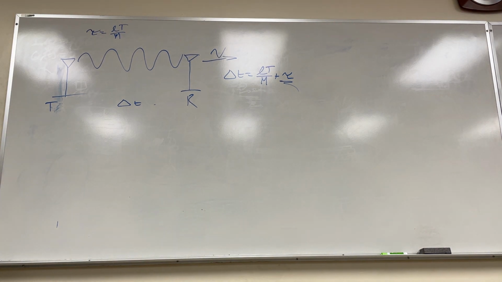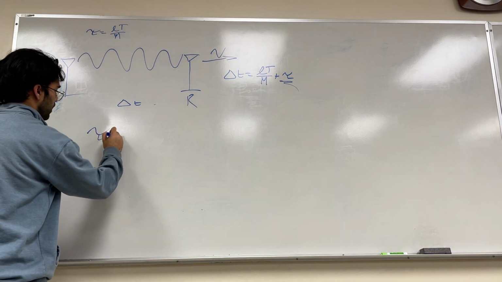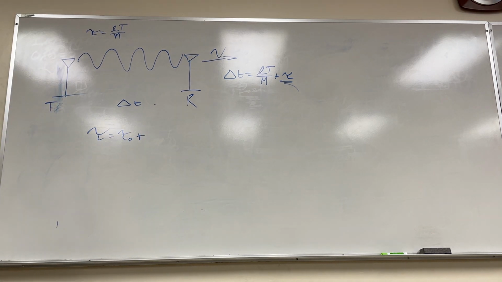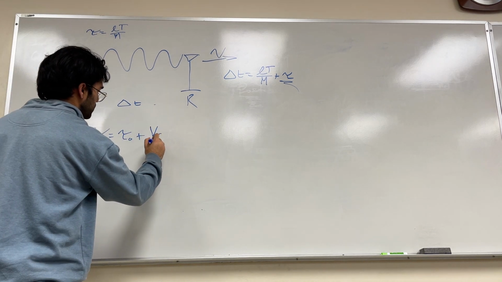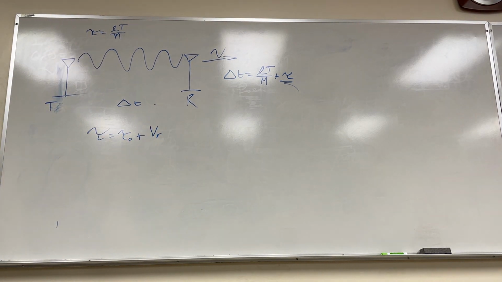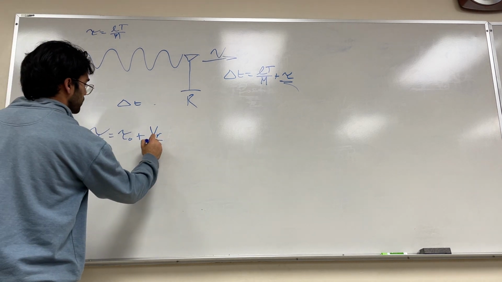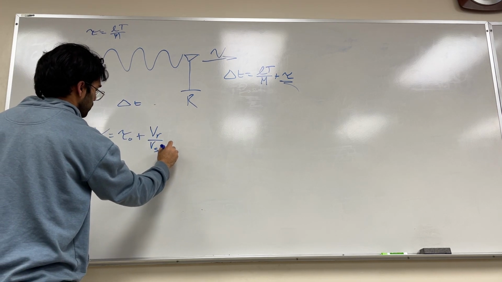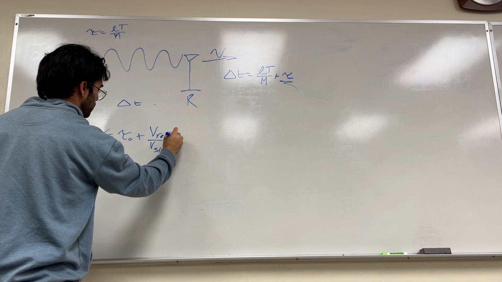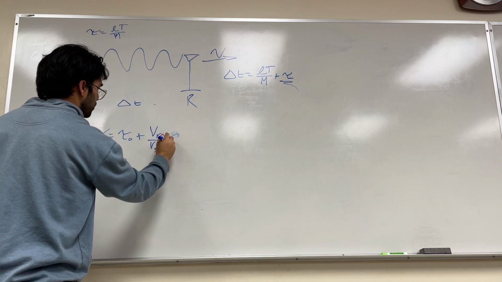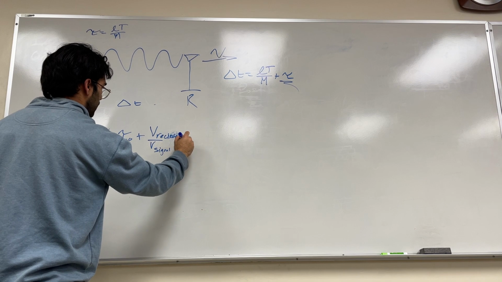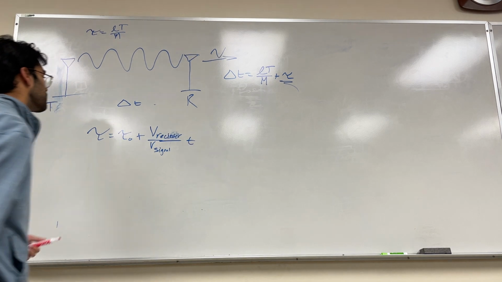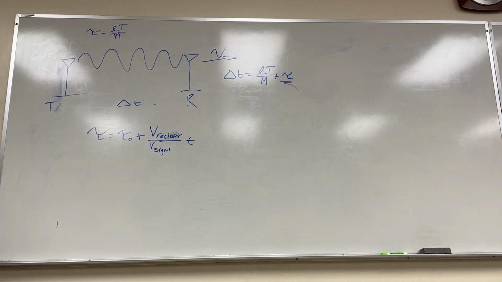And you could express this tau as some initial tau plus the velocity of the receiver over the velocity of the signal, times delta time, right? You can work out the physics for that if you want, okay?